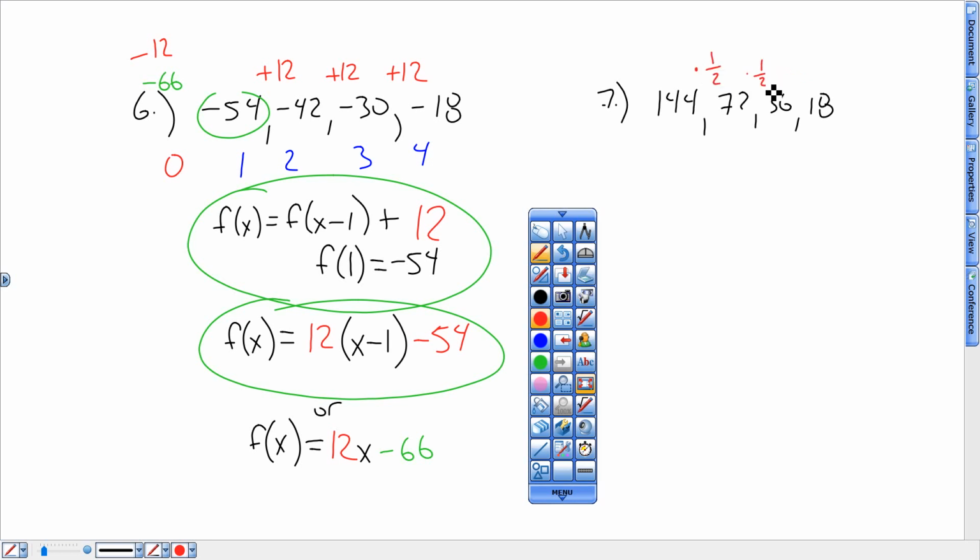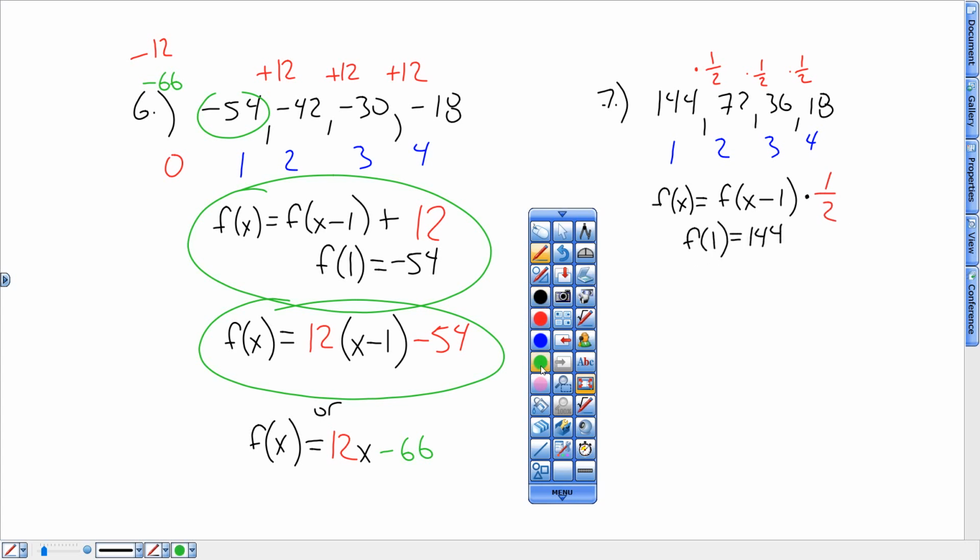So we never show division. Dividing by 2 is the same as timesing by a half. Those are my first, second, third, and fourth term right there. If I was to write recursive, here we go, recursive, times 1/2.